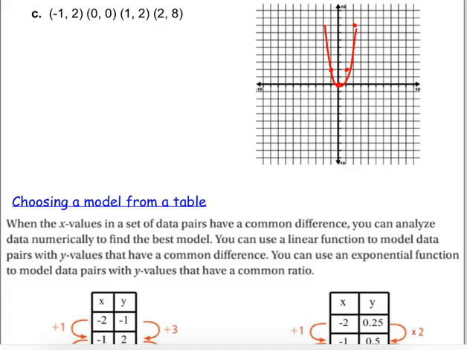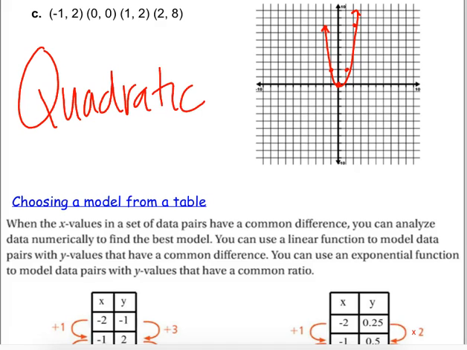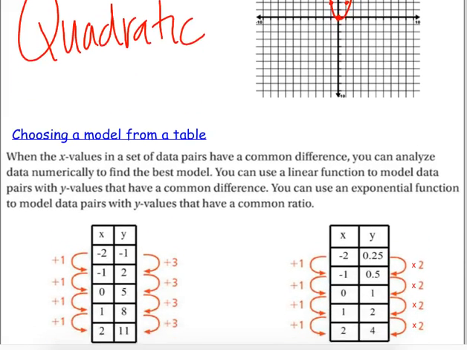So by just common sense, we already know this one is quadratic. Good deal. So that is just identifying what kind of model you have, linear, quadratic, or exponential, using points on a graph.